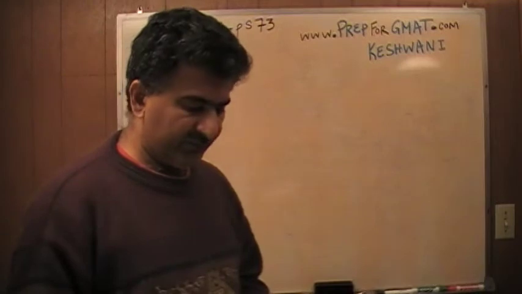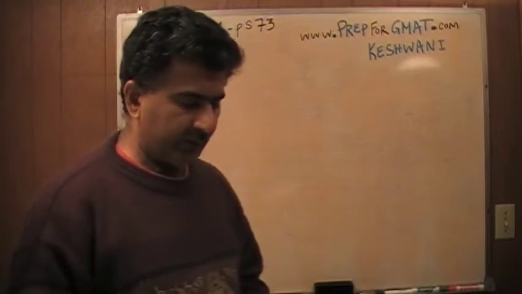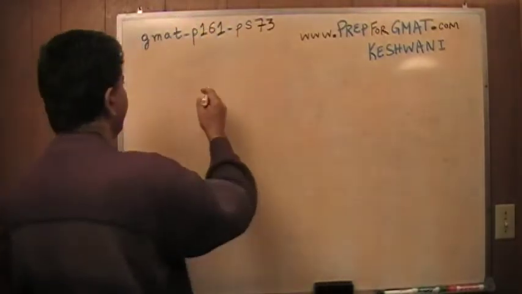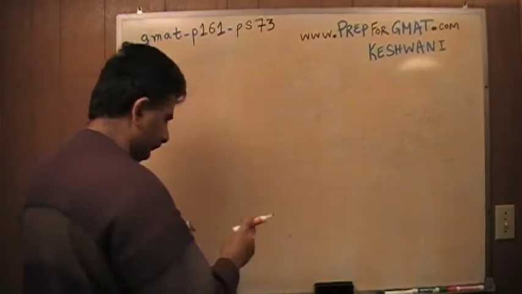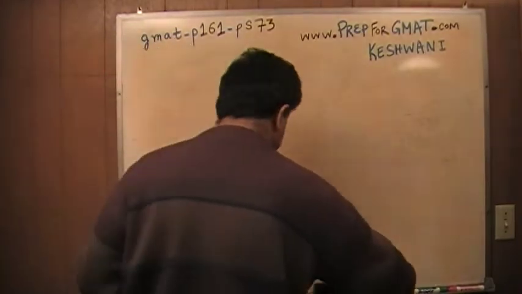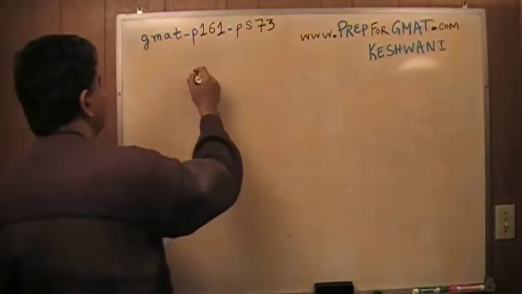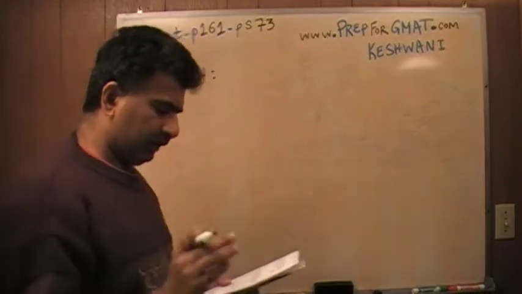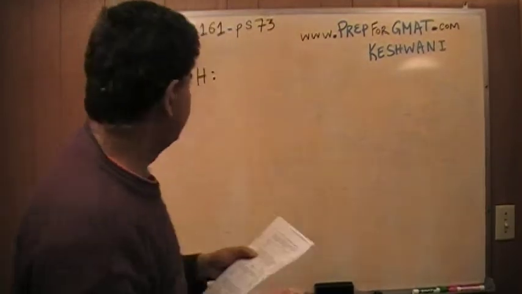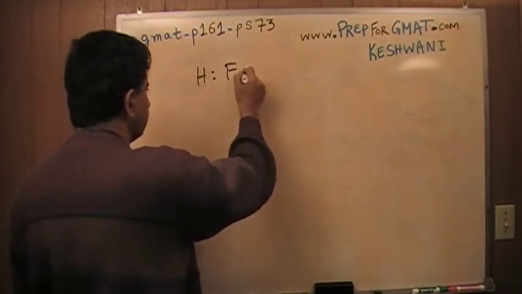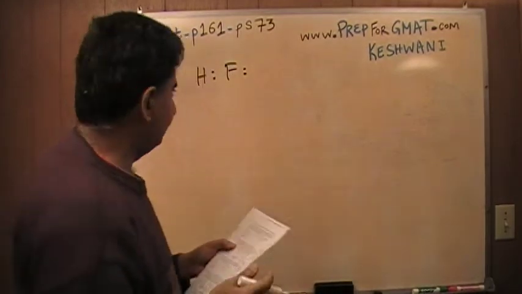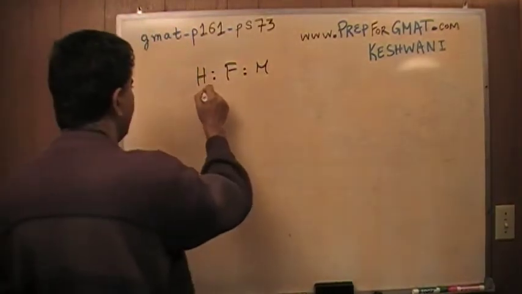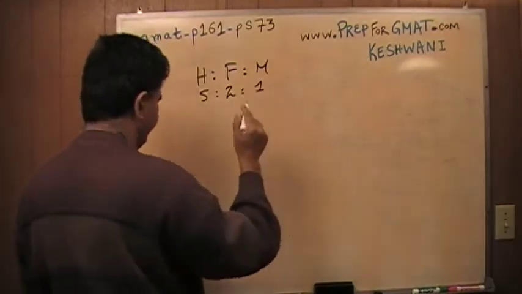It says in Johnson's monthly budget, the dollar amount allocated for household expenses, food, and miscellaneous items are in the ratio of 5 to 2 to 1.